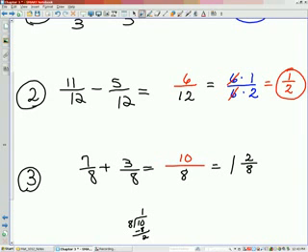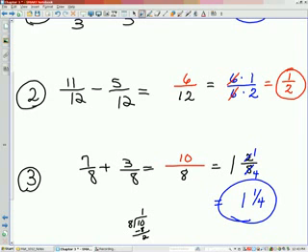Now that brings me to the second problem. 2/8 is not fully reduced. 2 goes into itself once, 2 goes into 8 4 times, and so my final answer to the problem in completely reduced form should be 1 1/4.